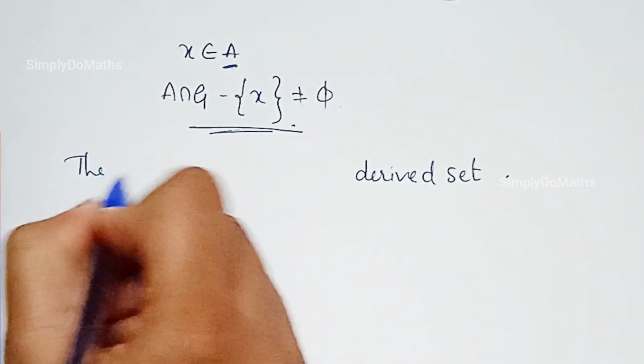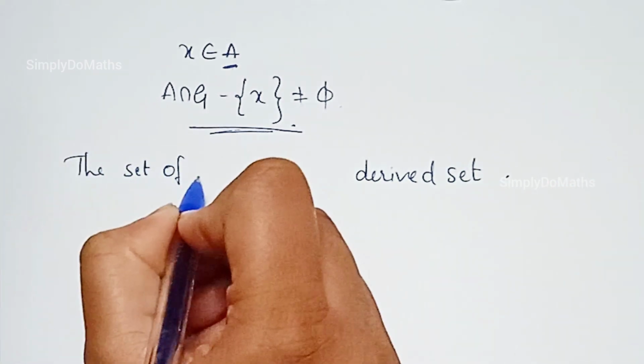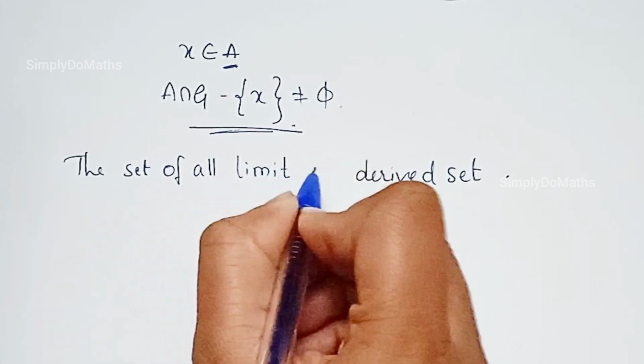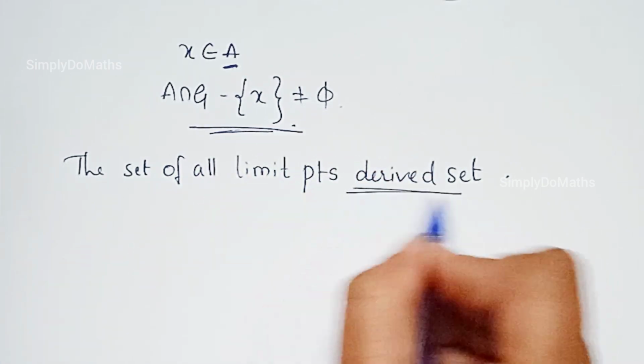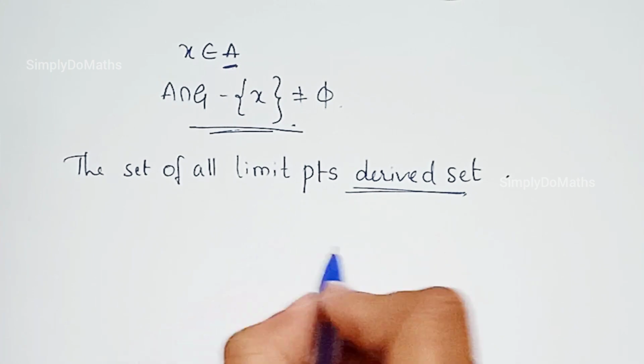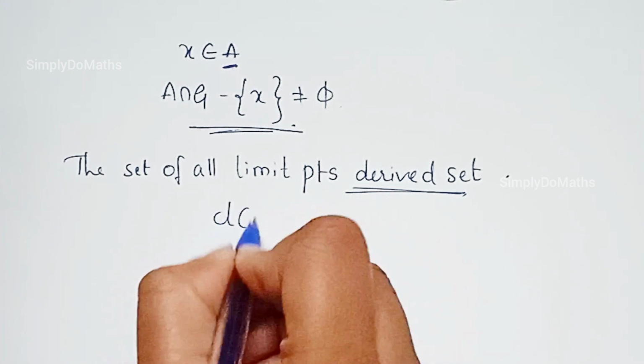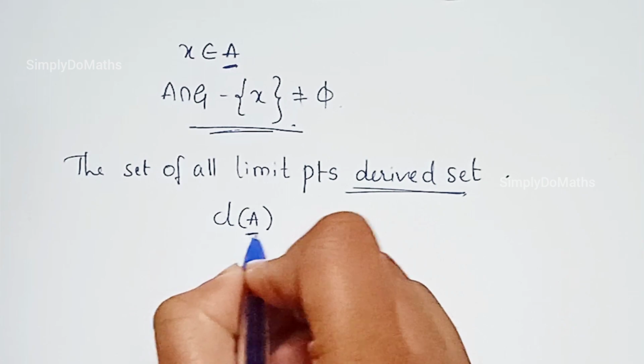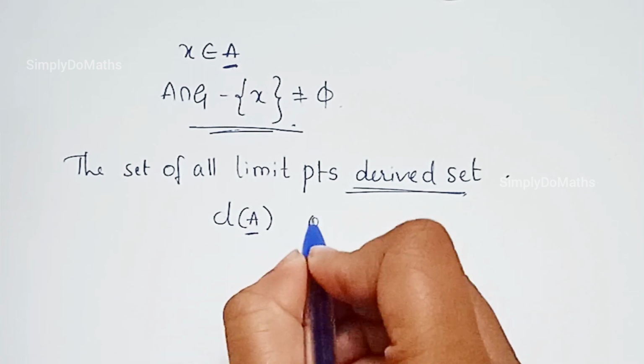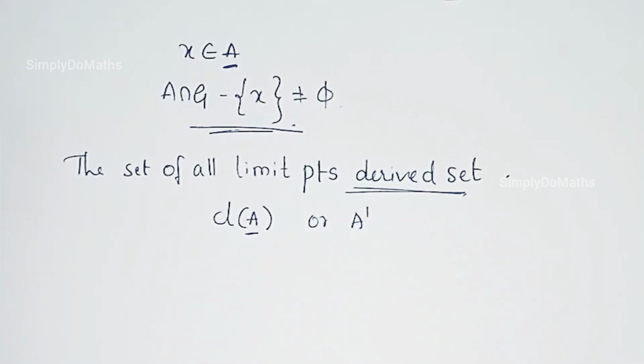The derived set will be denoted as D of A for any subset A of X, or sometimes we write A dash also. Through examples we have discussed this. So today let's learn about one important property of the derived set of a topological space.